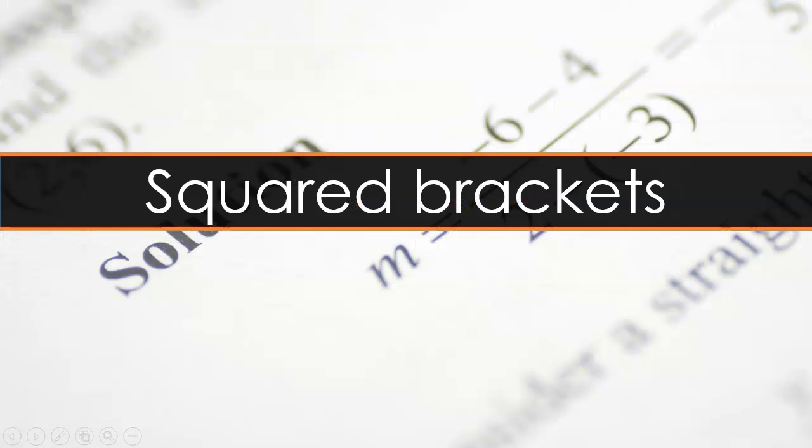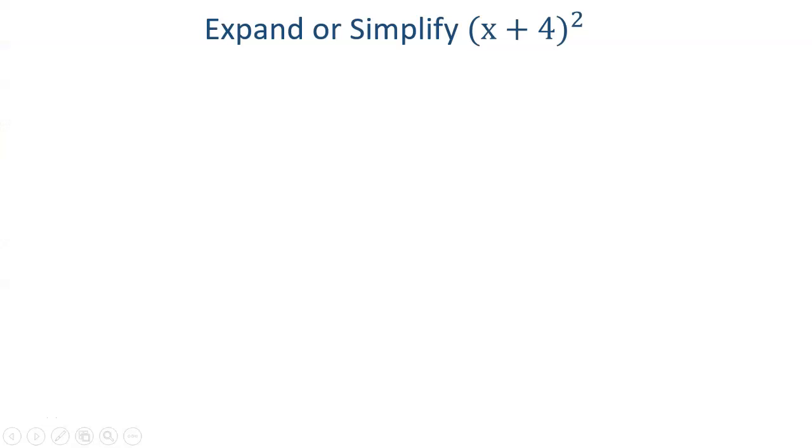Next, let's look at the situation where we have squared brackets. Expand x plus 4 squared. Any number squared is it multiplied by itself. So x plus 4 squared is x plus 4 times x plus 4. Again, we can apply the FOIL method. x times x is x squared.